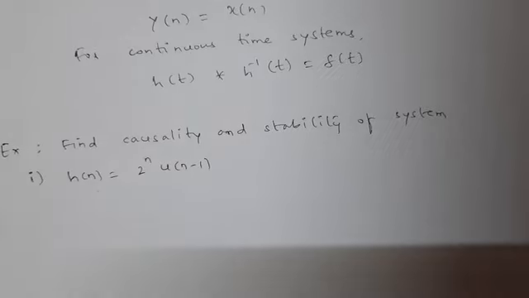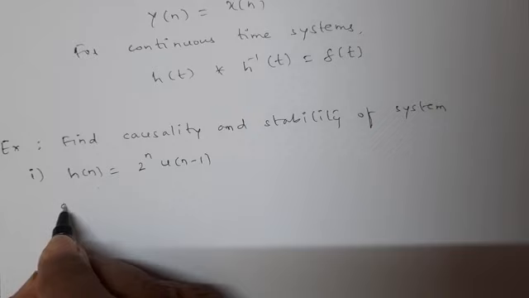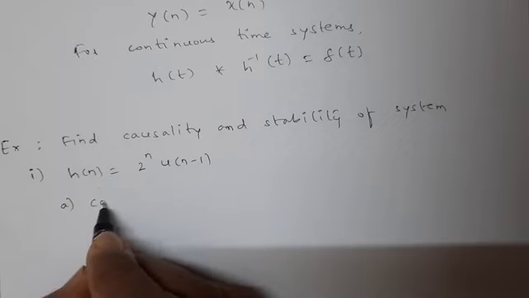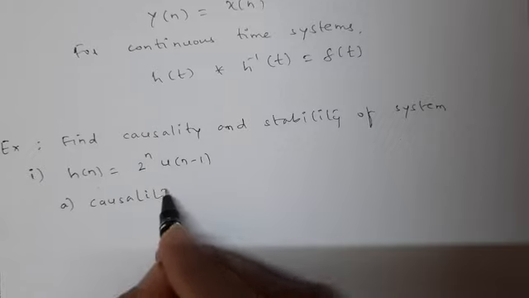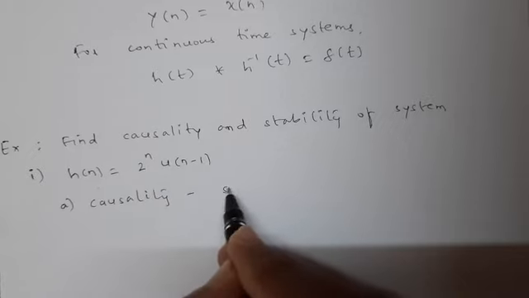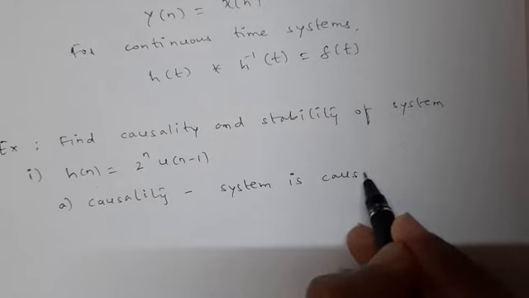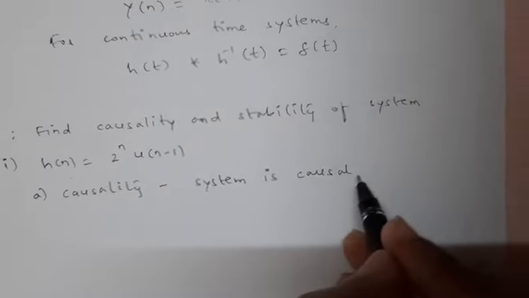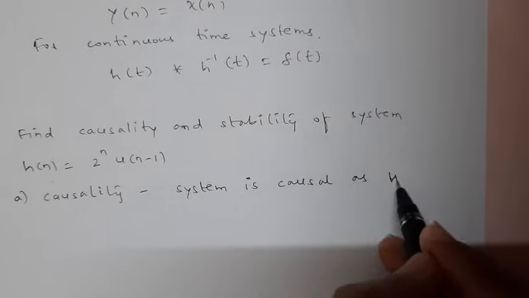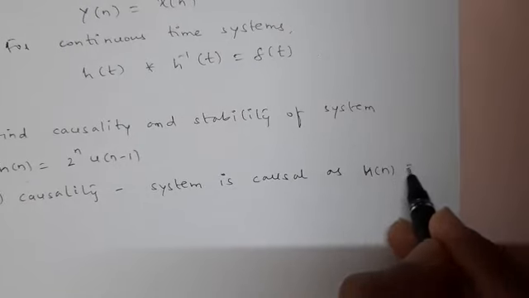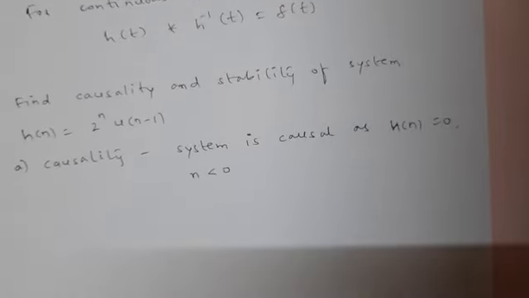So for n less than 0, obviously h of n is 0, and hence the system is causal, as h of n is equal to 0 for n less than 0.